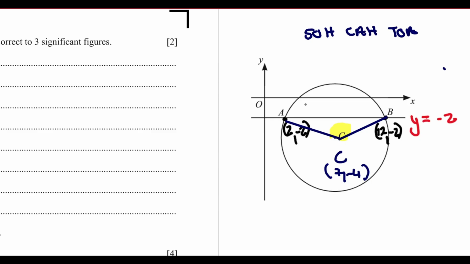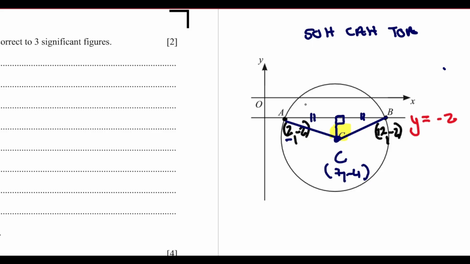Now remember, this is a circle, and if you think back to circle theorems, the line that goes from there to there meets the chord AB at 90 degrees, and it splits it in half. Now, how far is it from A to B? It's all on the same line, y equals negative 2.